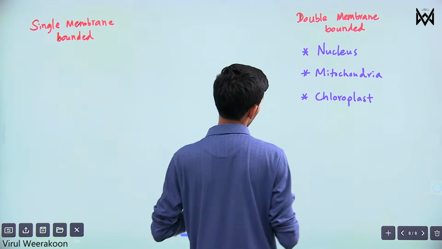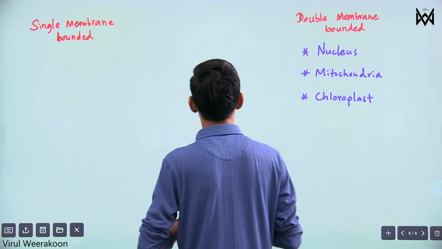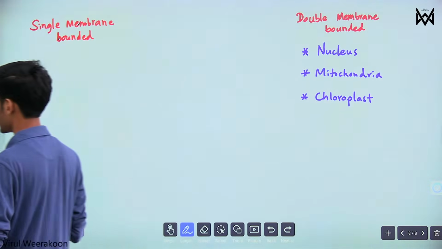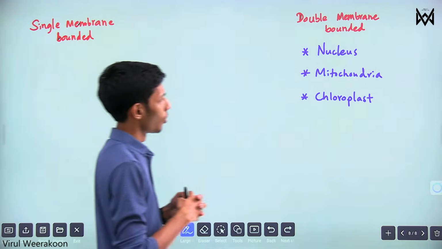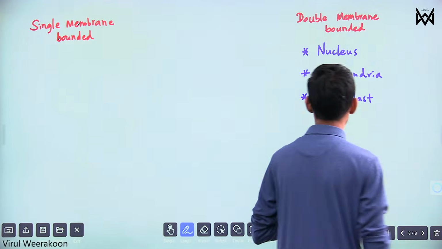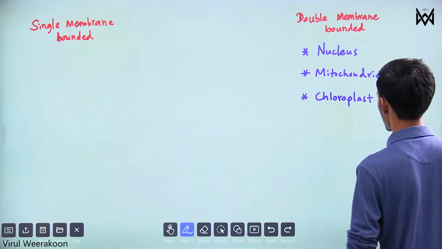Mitochondria, nucleus, and chloroplast are the double membrane bounded organelles. It means they have two coverings.